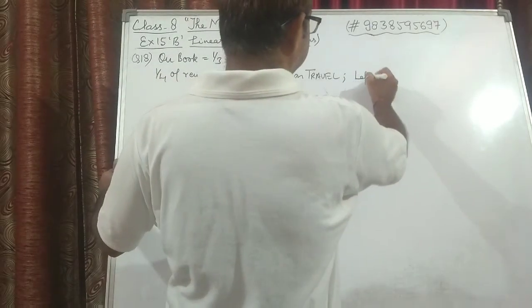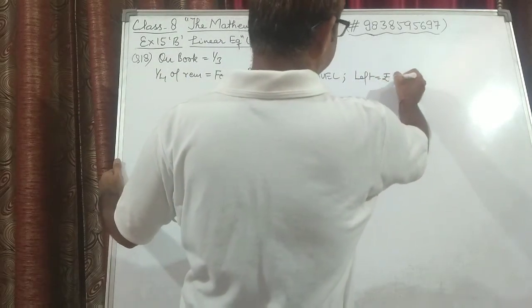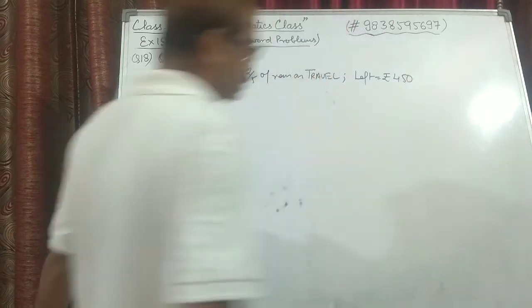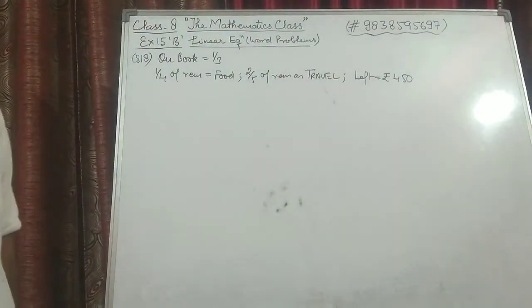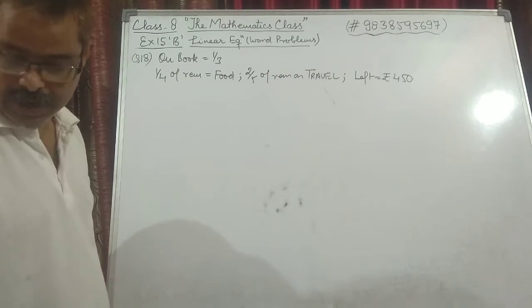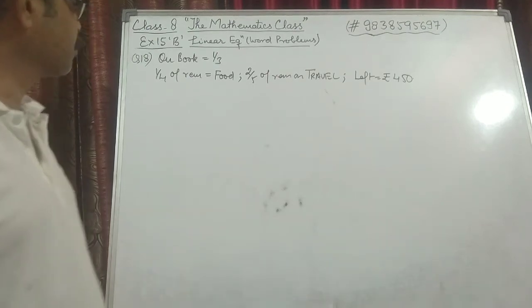Now left with him is rupees 450. What was the money he initially had? How much money did he have in the beginning? Now this is the question.